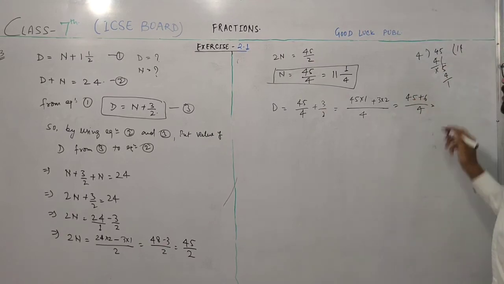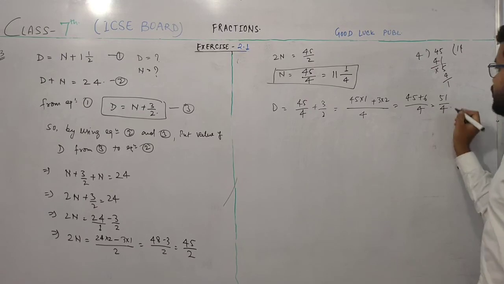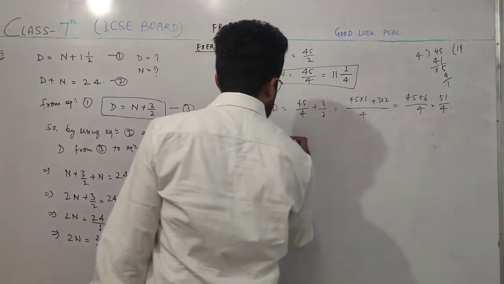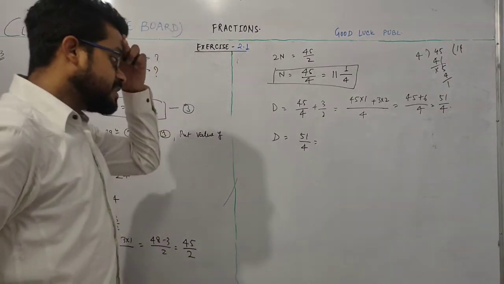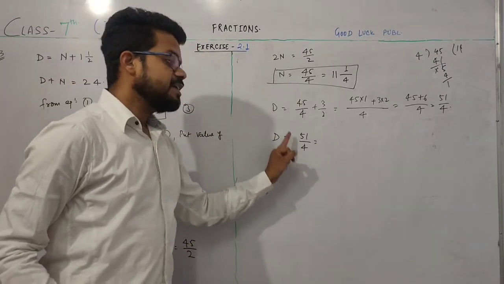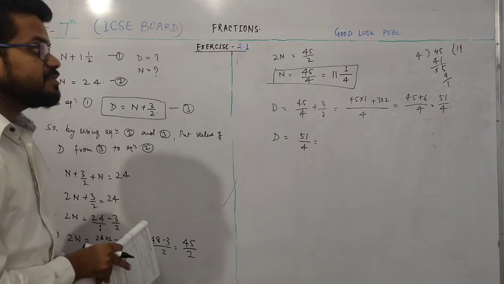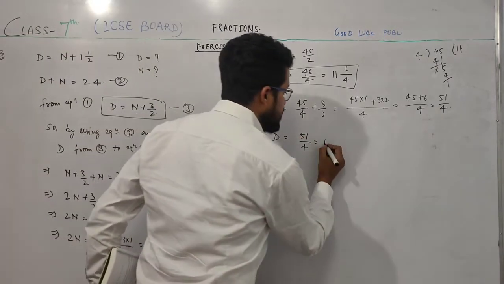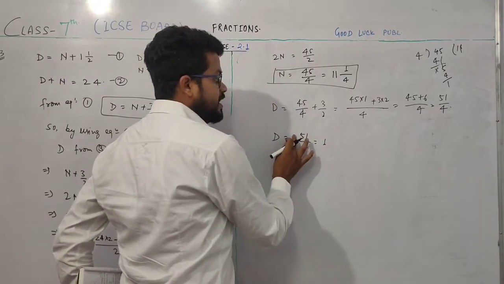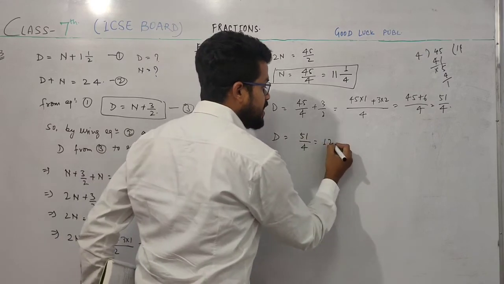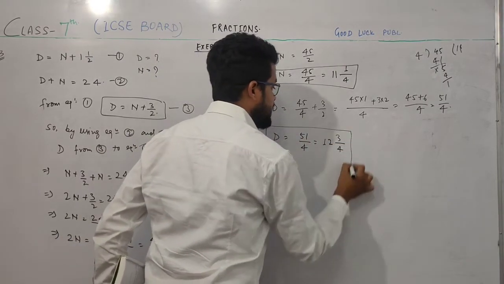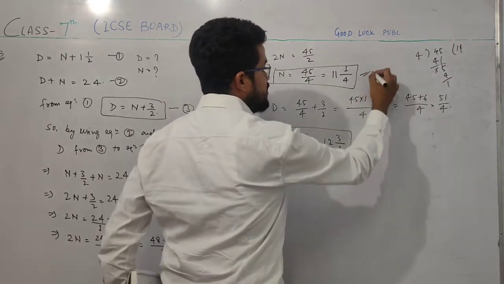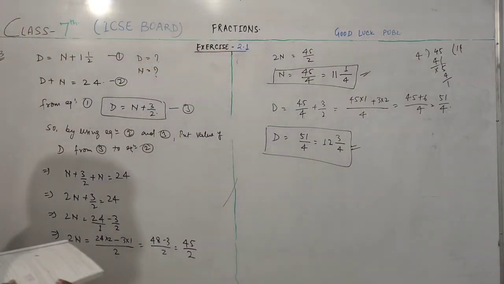So 45 plus 6 is 51 by 4. So day is equal to 51 by 4, and this is again an improper fraction, so convert this into a mixed fraction. 4 threes are 12, and 3 is left. Okay, this is day. The length of day is this and the length of night is this.